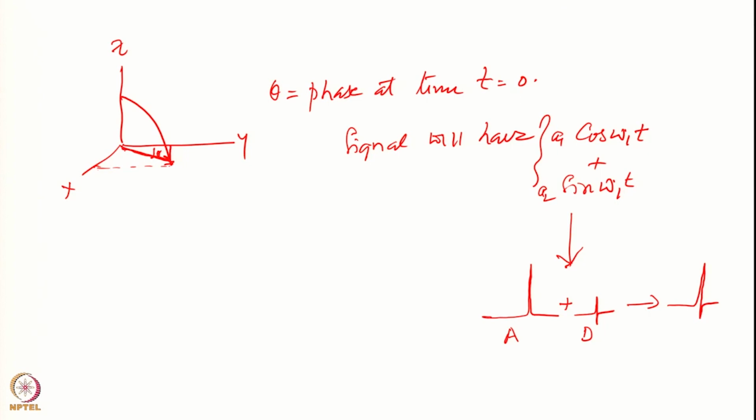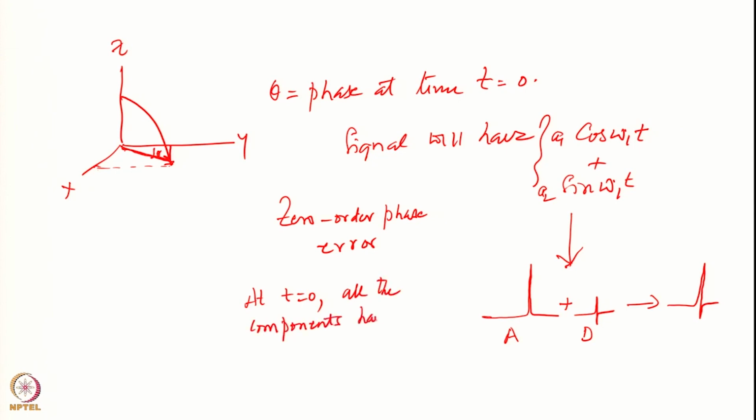This has to be corrected, and this is called a 0 order phase error, because this is not dependent on any frequency, the entire magnetization is rotated. So, at time t equal to 0, all the magnetization components have the same phase error.